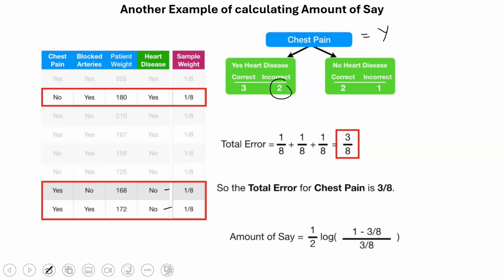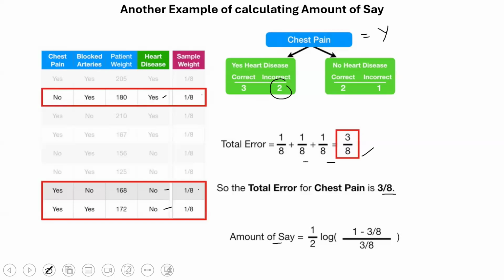So these are wrongly predicted by this particular stump. And if the patient doesn't have chest pain, we are predicting that as not having heart disease, but this particular patient has heart disease. So what is the total error made by this stump? Total error is the summation of all these weights, which is 1 by 8 plus 1 by 8 plus 1 by 8, which is 3 by 8. So total error for chest pain is 3 by 8.